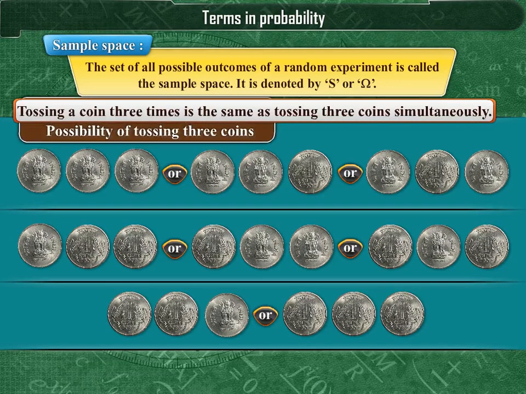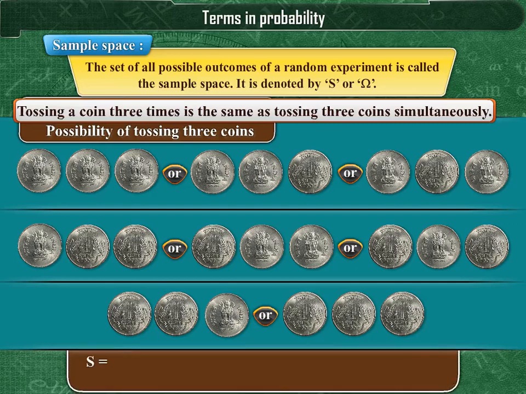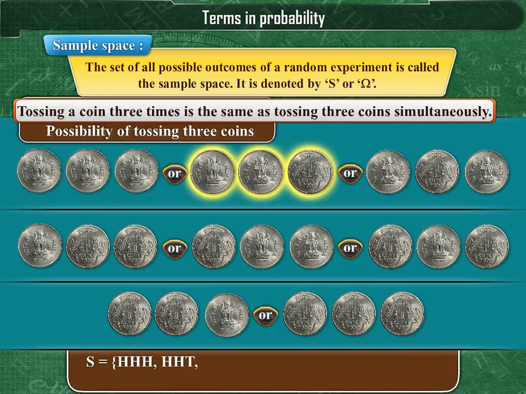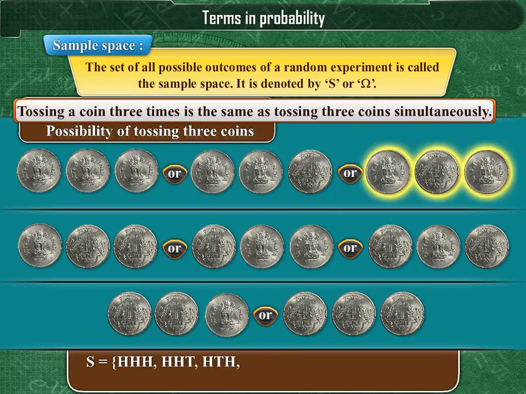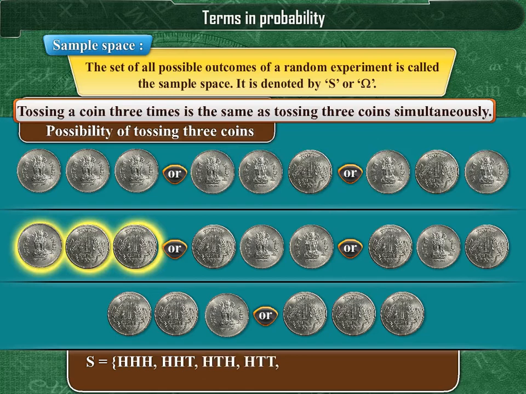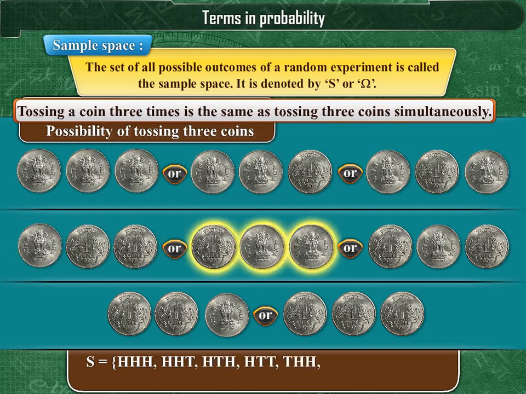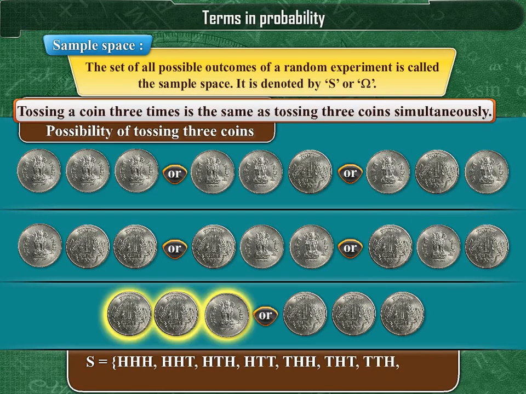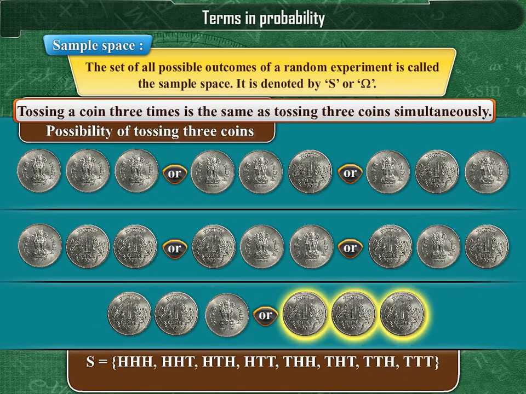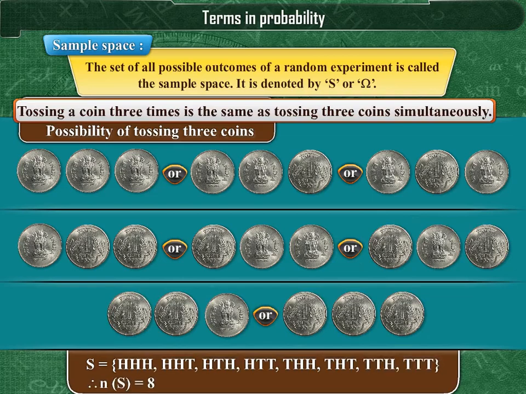Here too, tossing a coin 3 times is the same as tossing 3 coins simultaneously. What is the sample space S here? Here, S contains elements HHH, HHT, HTH, HTT, THH, THT, TTH, TTT. Therefore, n(S) is 8.